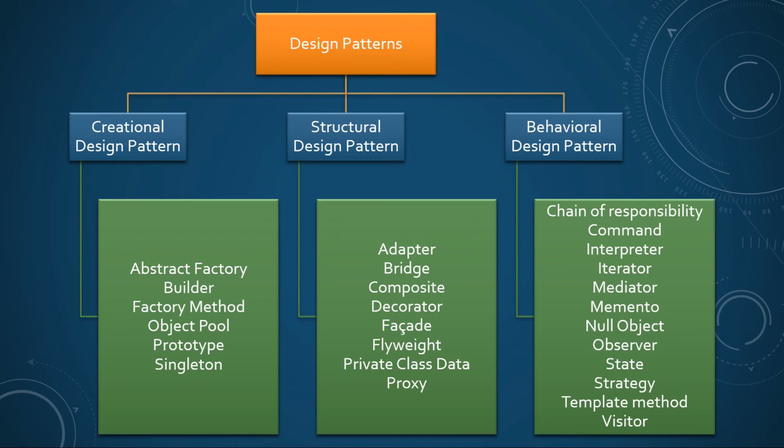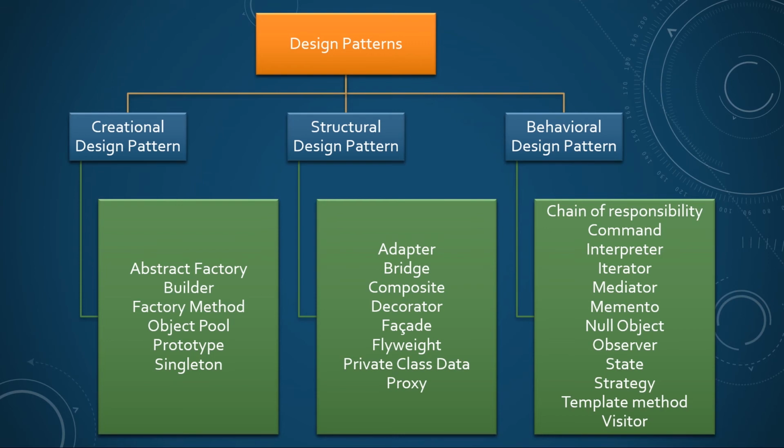And we have the adapter pattern that matches interfaces of different classes. The next one, the bridge, separates an object interface from its implementation. The composite, a tree structure of simple and composite objects.